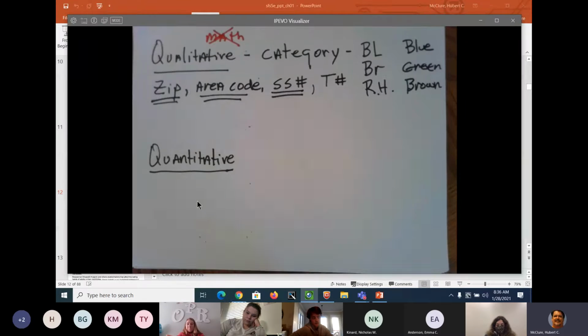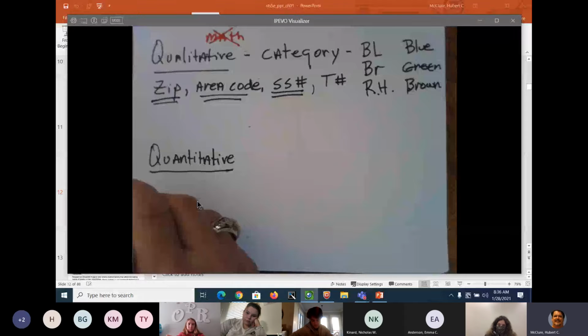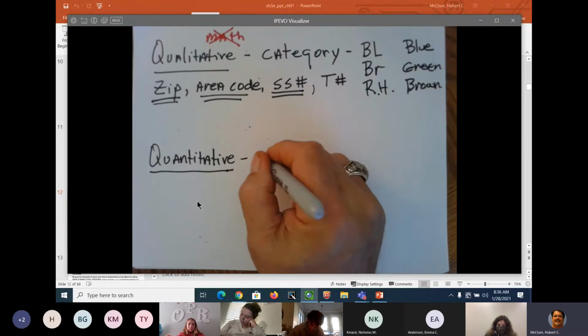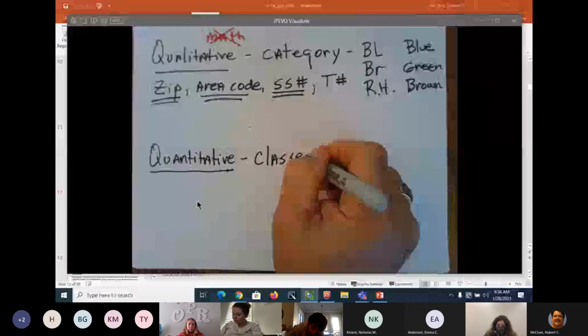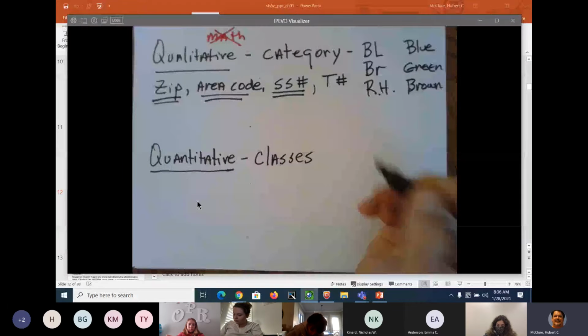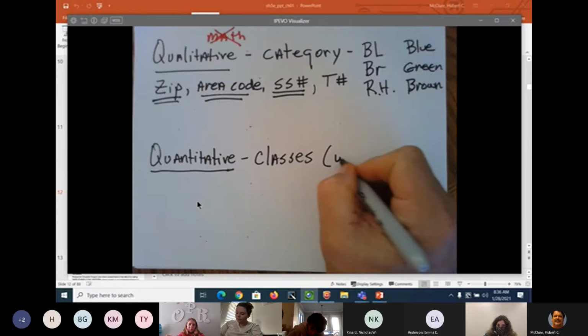So what is quantitative? Well, instead of categories, quantitative is usually in classes, like weight classes. Or you could say age, shoe size.